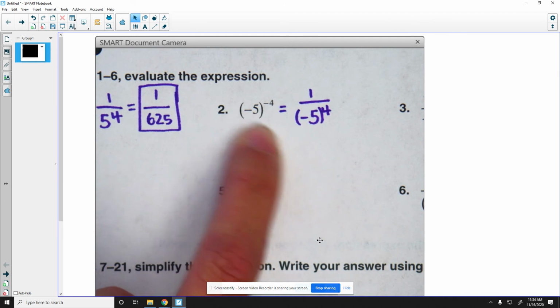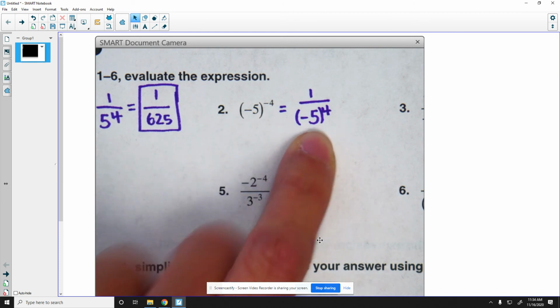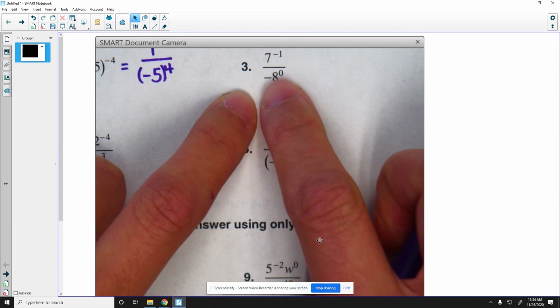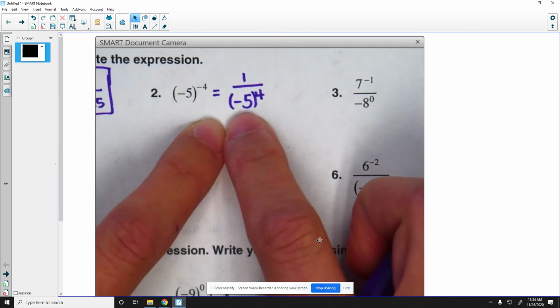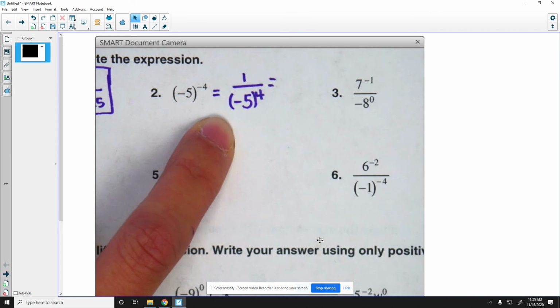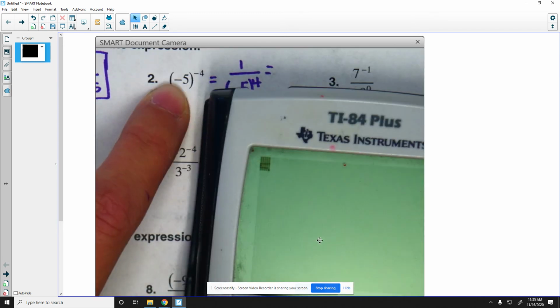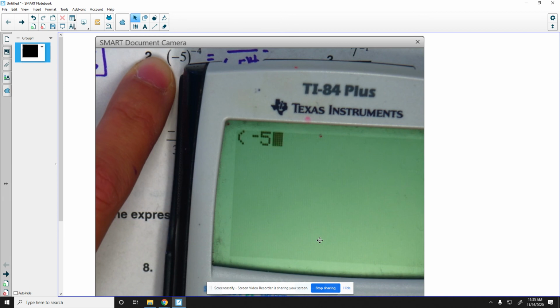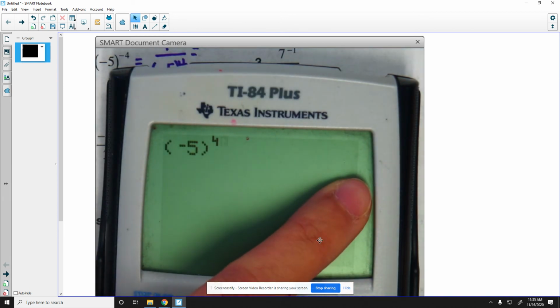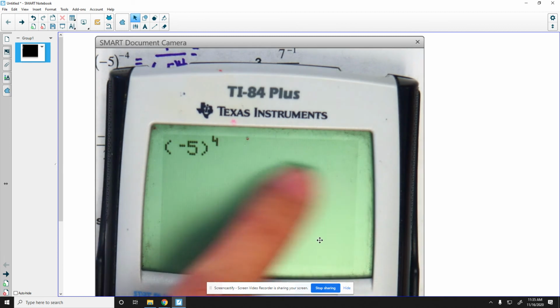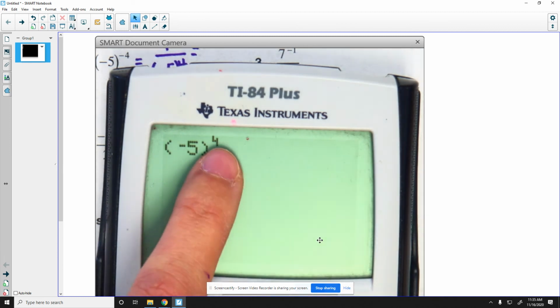It was in parentheses, so you keep it in parentheses. Like this one, it's not in parentheses, so you don't put it in parentheses, right? But this one is in parentheses, so you keep it in parentheses. So the reason why is because look at how I type this. In parentheses, -5 to the fourth power, is that a positive or negative, do you think? Positive, because I'm multiplying it 4 times, right? It's a positive.